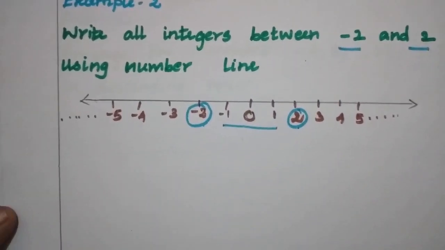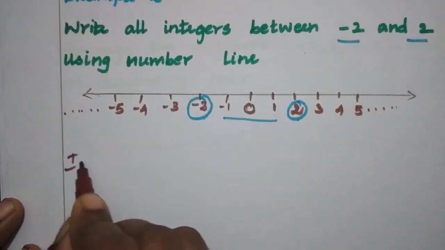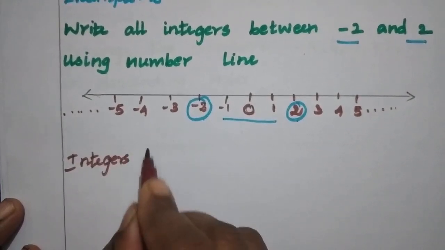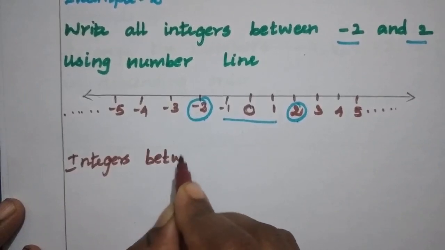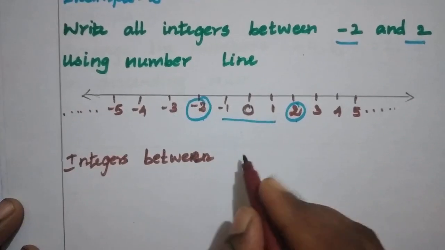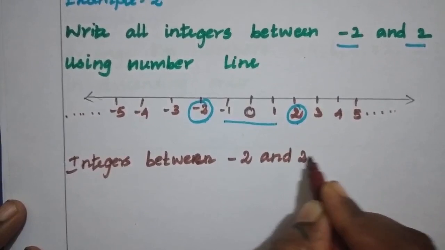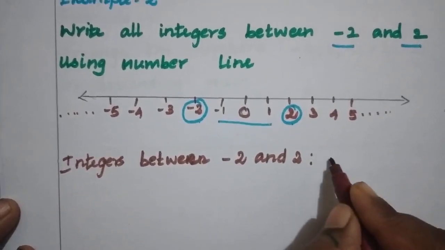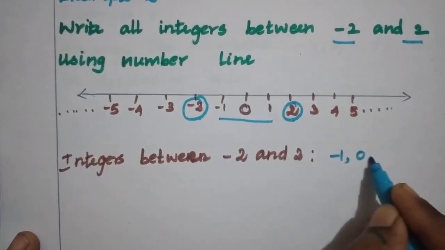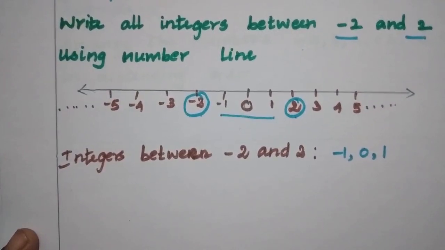Now write the answer as: integers between minus 2 and 2 are minus 1, 0 and 1. Is it clear, children? Yes.